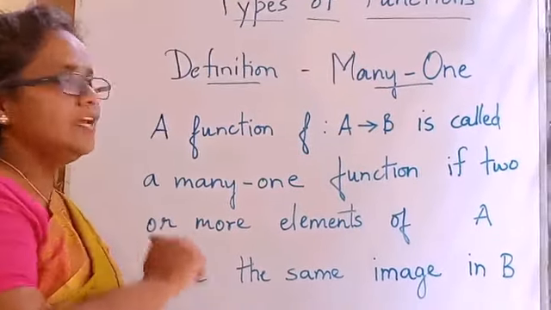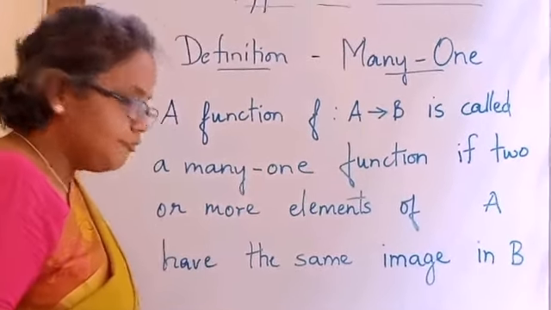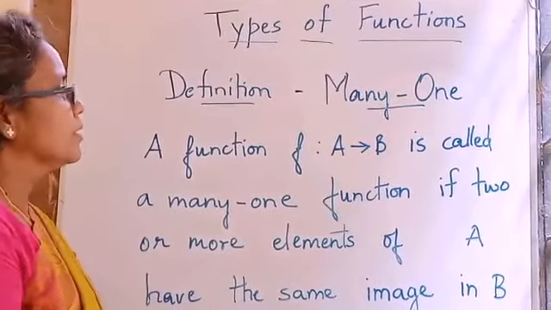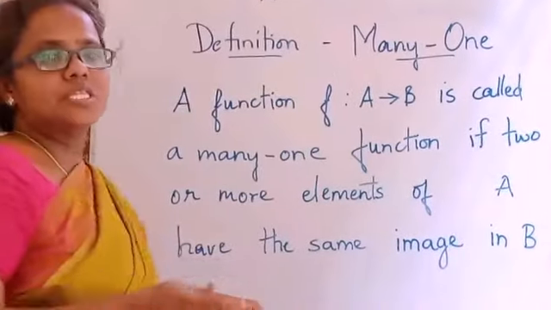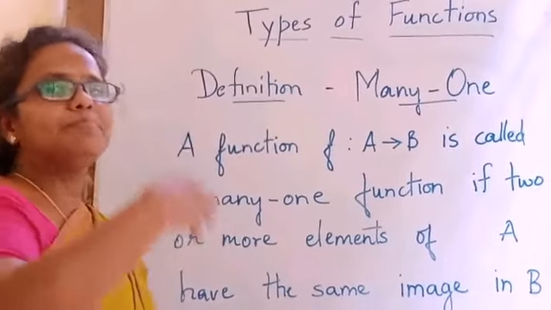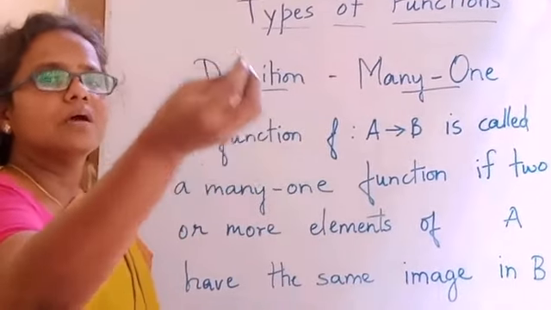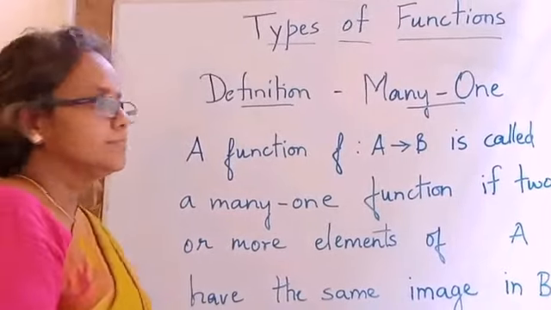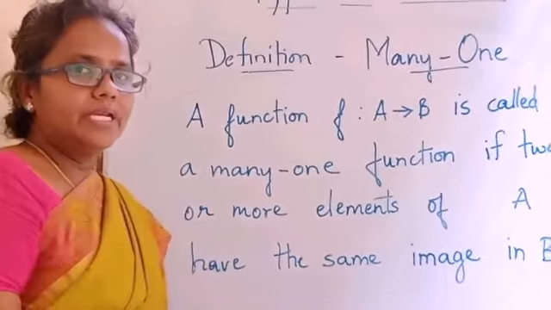Moving on to the second definition, the many-to-one function. As the name indicates, there are many elements in the domain which are mapped to a single element in the codomain. So how do we define it?